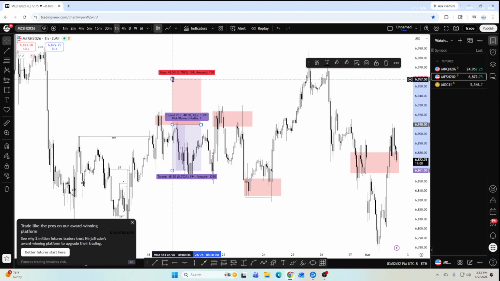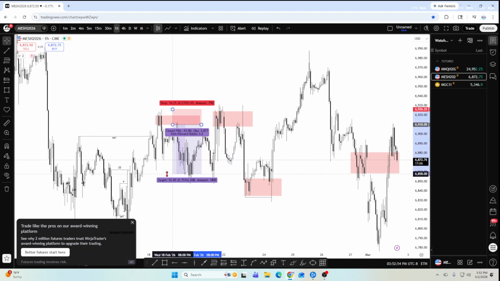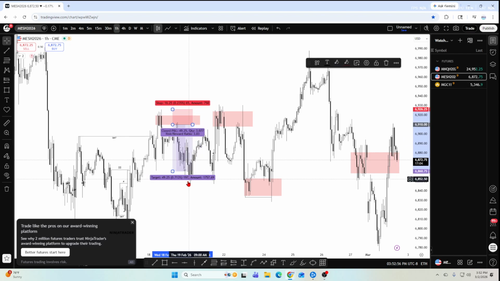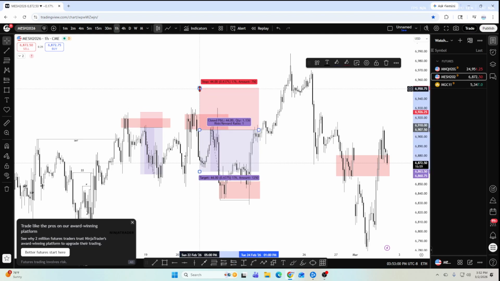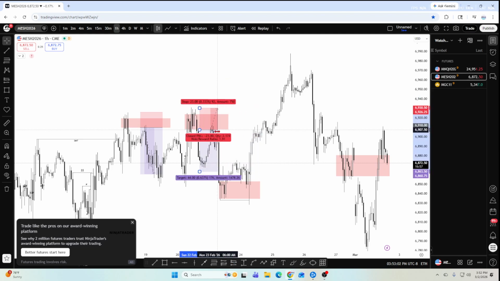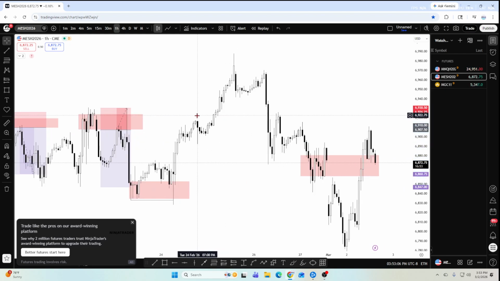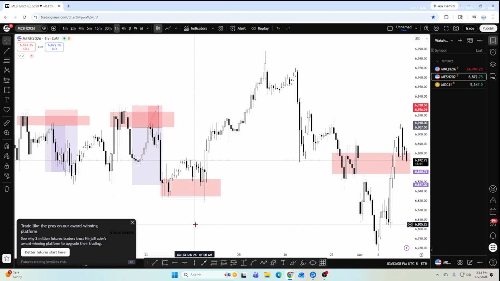Well, sure, that works in this instance. If we try to get here, you almost get stopped out depending on your slippage, right? So price would reach up and then sell back down.